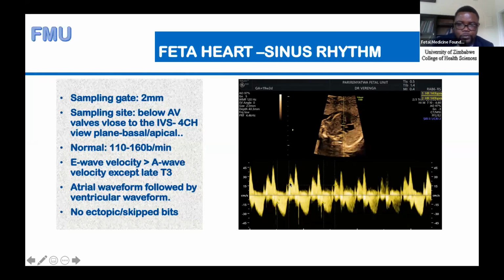So if we have a situation whereby every atrial contraction is followed by a ventricular contraction, atrial contraction, ventricular contraction, then in this case we know that the heart is beating in a sinus rhythm. If the heart was not beating in a sinus rhythm, you will see it on the other images. And of course, we have to measure the heart rate to make sure that it is appropriate for gestational age.